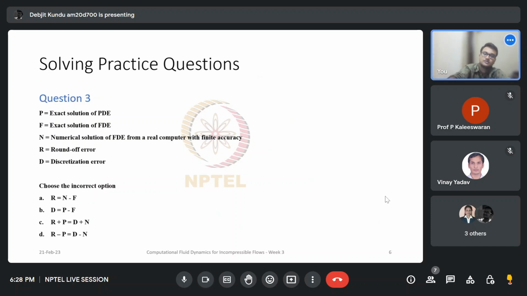So there are 3 correct options and 1 incorrect one. The first option is R equal to N minus F, B is D equal to P minus F, C is R plus P equal to D plus N, D is R minus P equal to D minus N. There is one equation here which is wrong, which does not hold up, so you have to find out which one that is.